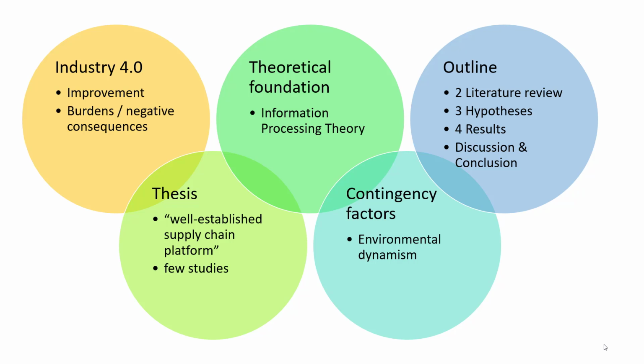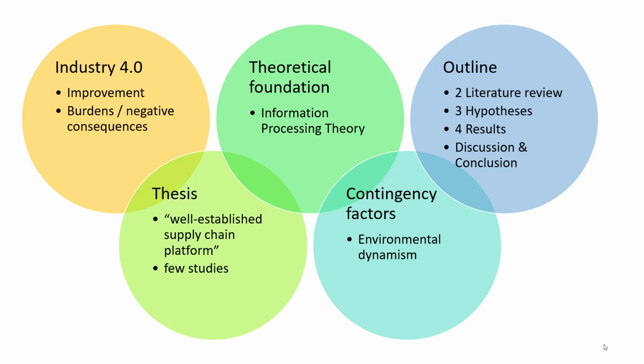So in the very first part of the paper, they talked about the importance of Industry 4.0, that it has potential for improvement but also possible drawbacks. Then in the next paragraph, they introduce their thesis right away, that well-established supply platforms are essential for implementing Industry 4.0. But they highlight a gap, because there are few studies that have really looked at this empirically.